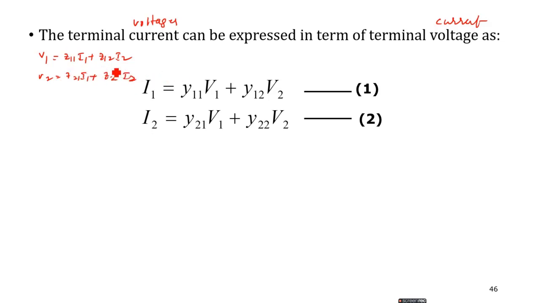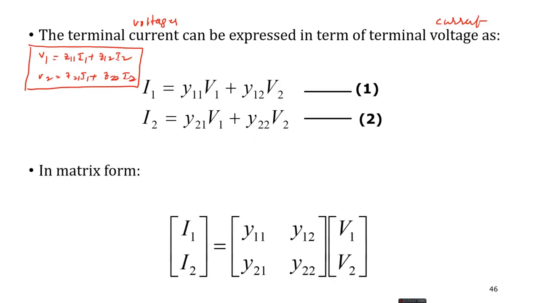These were the expressions for impedance parameters. These are the expressions for Y parameters. In the case of admittance parameters, terminal currents are expressed in terms of terminal voltages. Alright. Equations 1 and 2 are expressed in matrix form.